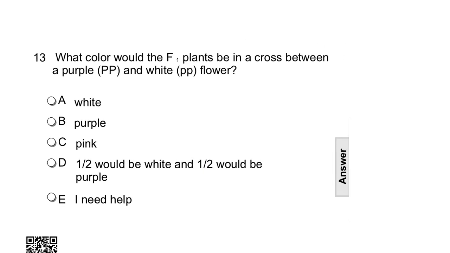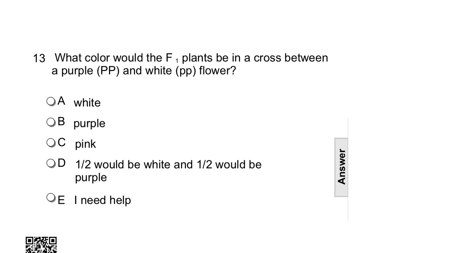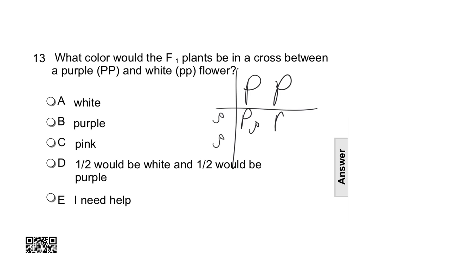Okay, what color would the F1 plants be in a cross between big P, big P and little p, little p? It looks like, you're going to start memorizing this probably, every single plant will be purple.